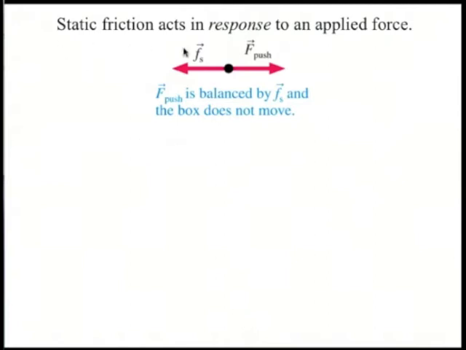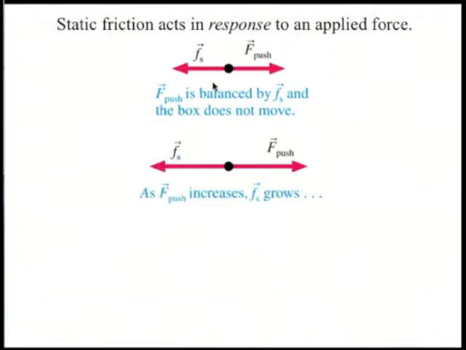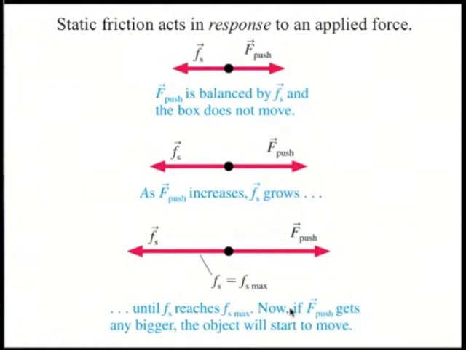So static friction acts in response to an applied force. Especially on a horizontal surface, if there's a pushing force to the right, the static friction is to the left, and it balances out and causes the object not to move. As the pushing force increases, the static friction grows until it gets to F sub s max, the maximum static friction force.